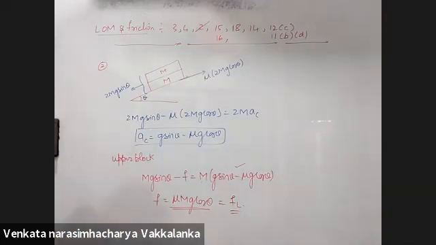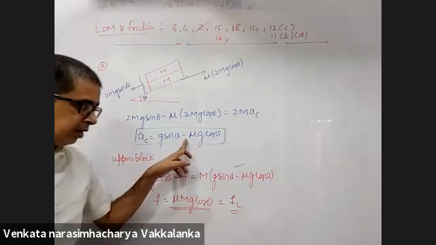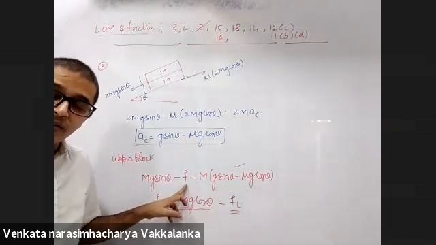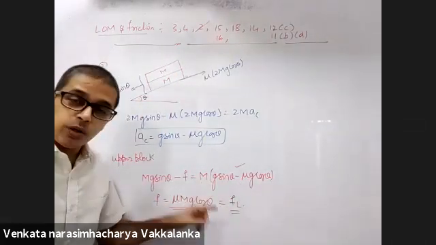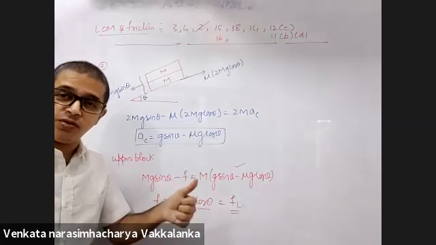This is something which is important for you people to understand. I first found out A common, then I found out the friction required for the upper block to go with that common acceleration. Do I have that friction? Yes.